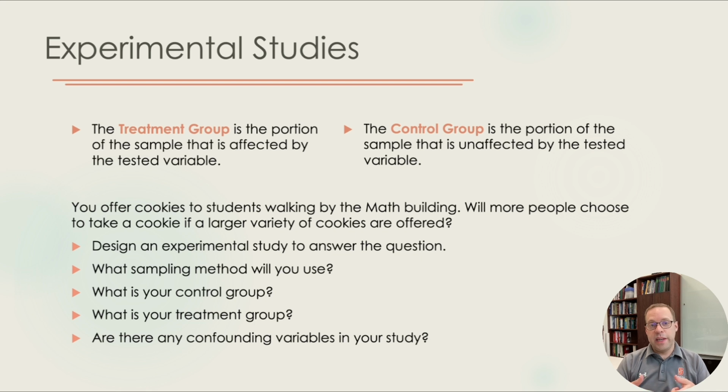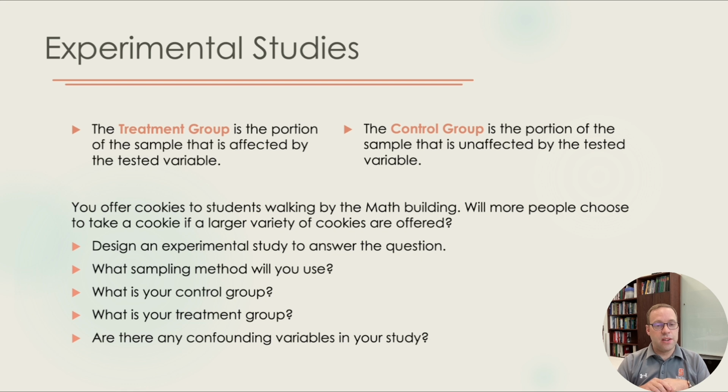And then the next week, do the same thing, but this time instead of just one type of cookie, you now have a variety of cookies, and then you collect data that way. That would be a good experimental study. So 1 week, having the table out at a variety of times with one variety of cookie.